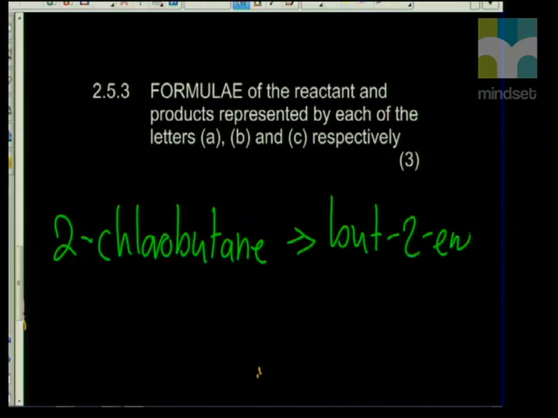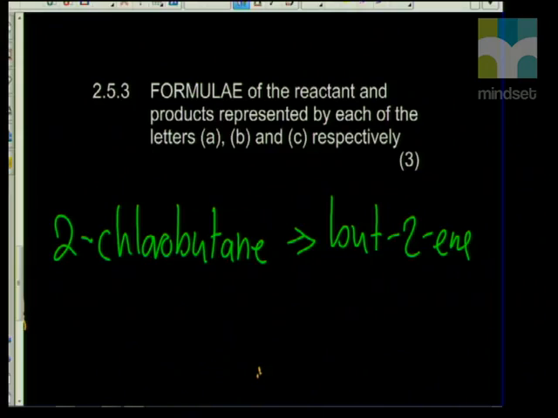but-2-ene. So what sort of reaction have I got? I hope you can see that the chlorine is the central thing here, and we've formed a double bond. So what's been eliminated? What's been changed? It is the formation of a double bond. When you form a double bond, it must be elimination. So we recognize it's elimination.